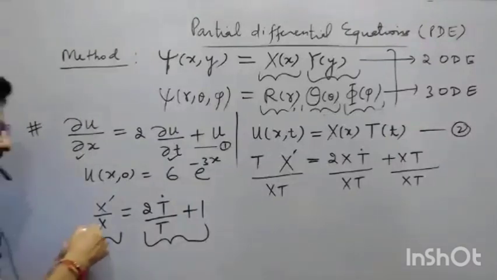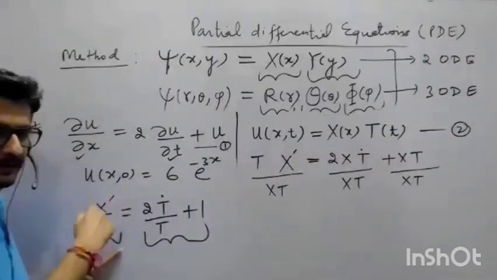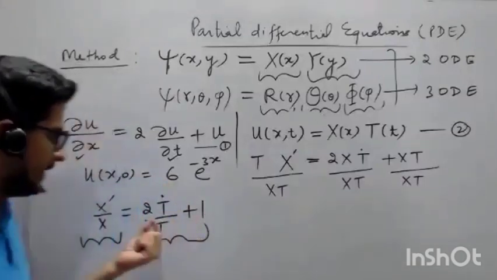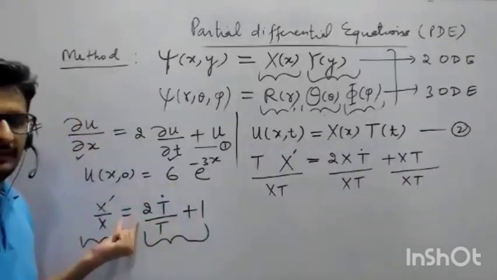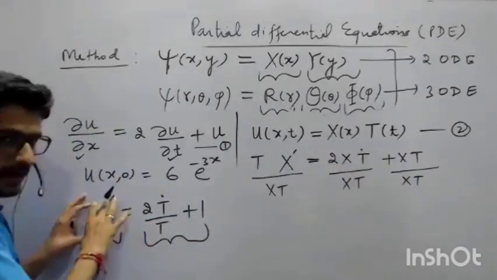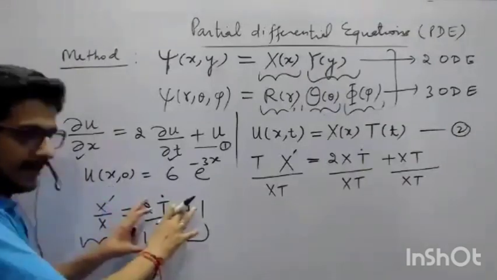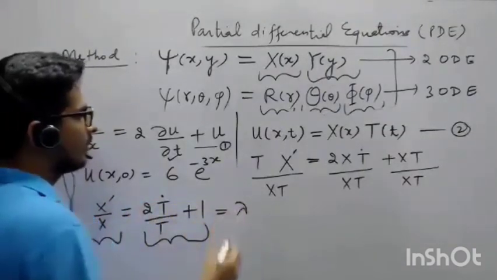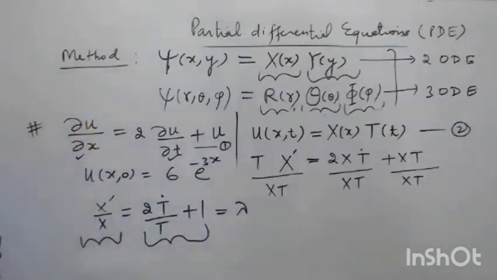So this side is only function of x, this side is only function of t, and both are independent variables, but they are equal. So that means this side will not depend on t, this side will not depend on x. If both are equal, they will be only equal to a constant. Only constant is the common ground.